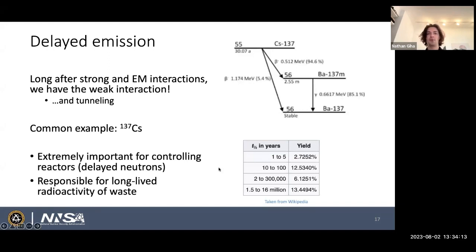And as for what decay chains look like, that depends a lot on where on the nuclear chart you are. Kyle showed a picture of the nuclear chart yesterday with all those different bands of where the closed shells of neutrons and protons are. Generally, if you're neutron rich, you'll probably emit neutrons or beta decay to get rid of neutrons.